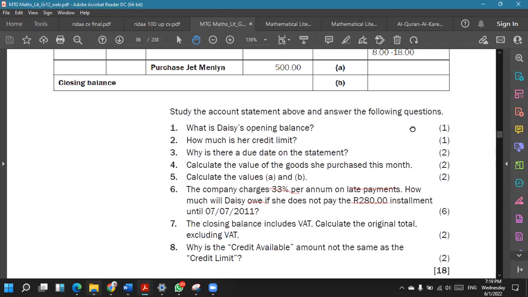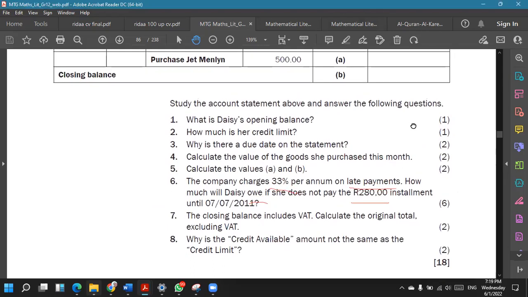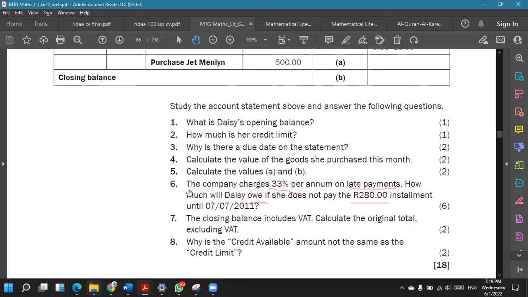Isn't it that you must add the 33% to the 280?